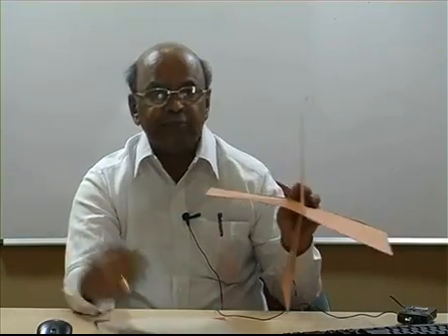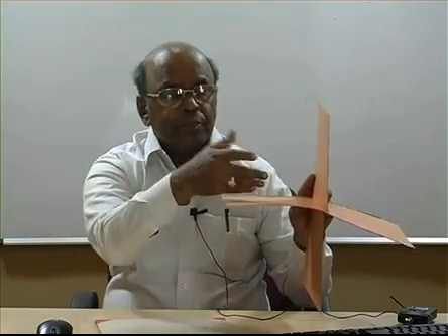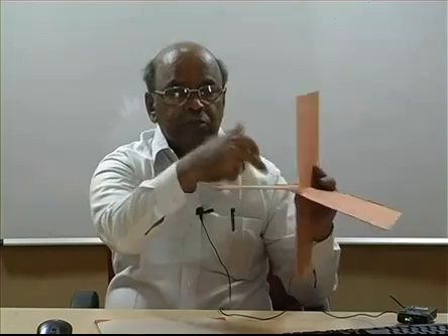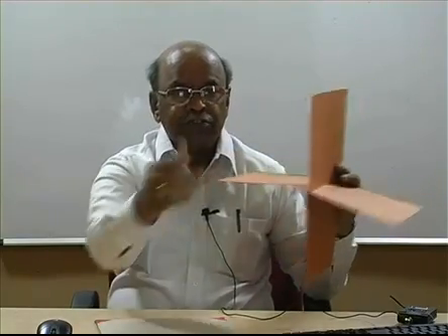Suppose you are looking from the right side, then you have to number this as first quadrant and second, third, fourth. As you see in the figure, seeing from the right side, you get first, second, third, fourth like this. But when you are seeing from the left side, then the quadrant numbering will be first, second, third, fourth.